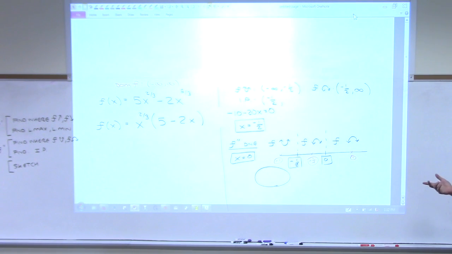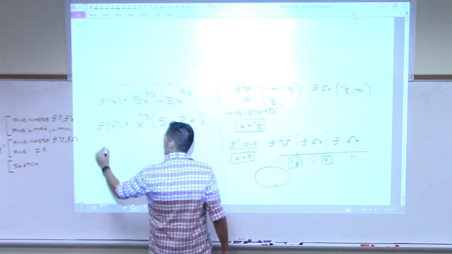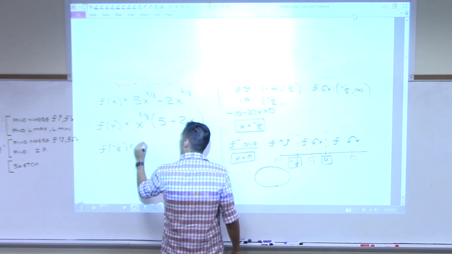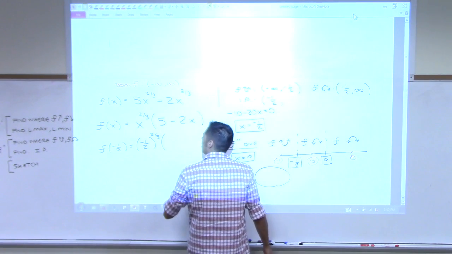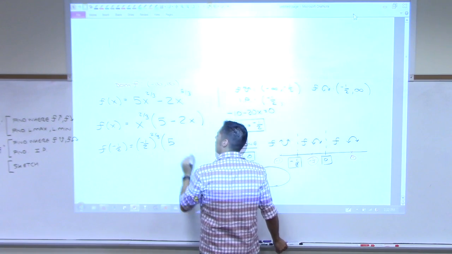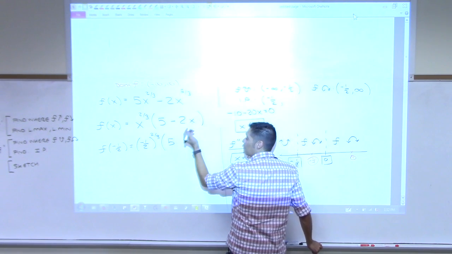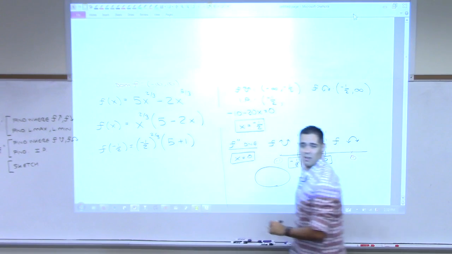So if I turn the original function of that, and now I plug in -1/2, let's just see what happens. F of -1/2 would be -1/2 to the 2/3, times 5, then what? -1/2 here? Which would turn this into +1, which is a 6, right?